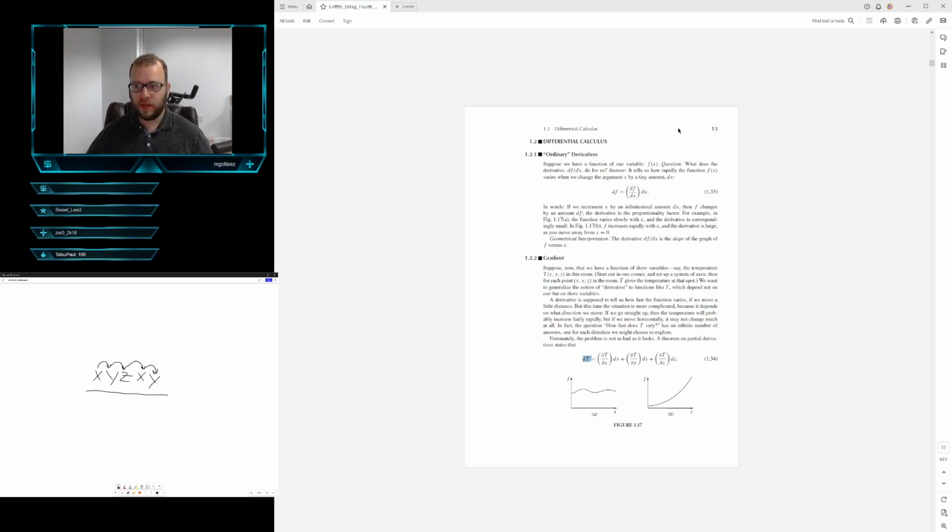Partial derivatives are simply taking the derivative of a function, assuming that all other variables are held stationary.